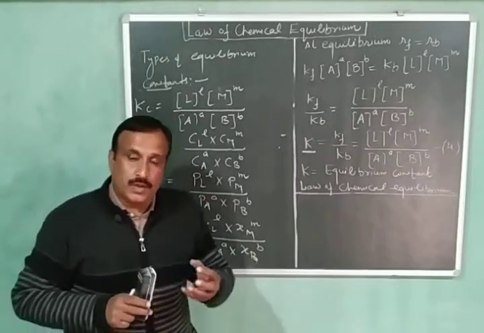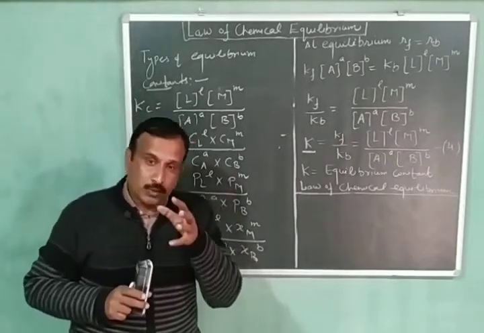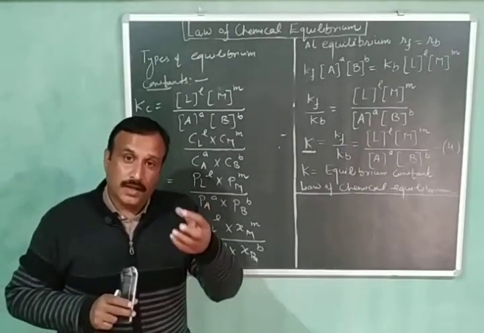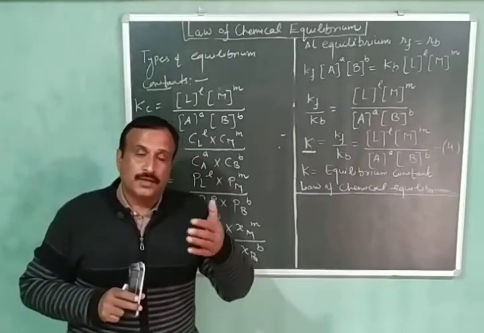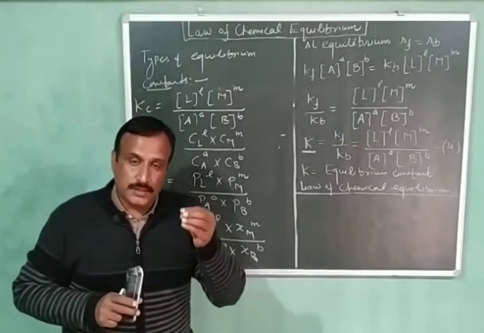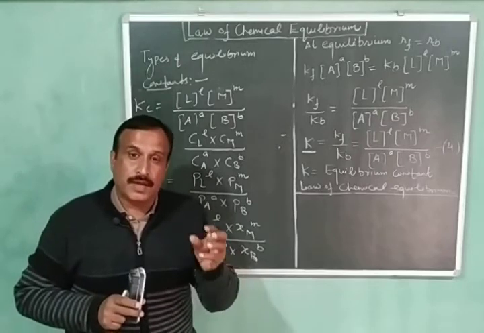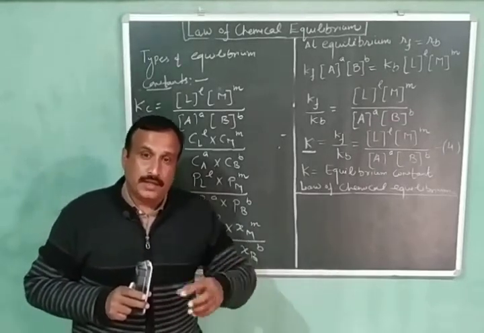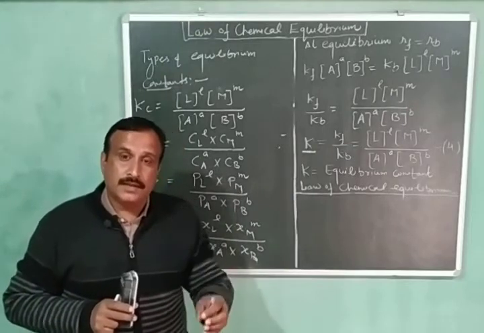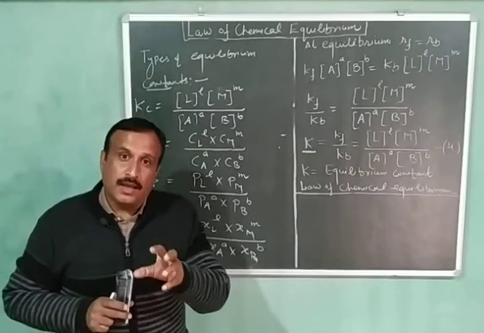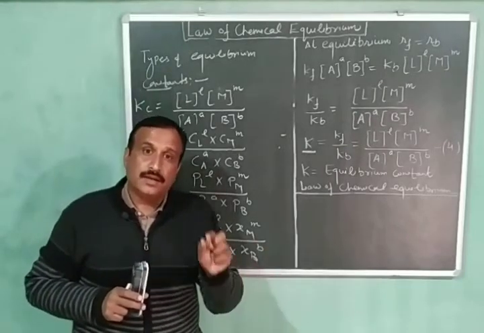Okay, but it is more appropriate to use activity in place of partial pressure and molar concentration, and I will explain this term activities in my upcoming videos. If activities are used, then we have the equilibrium constant in terms of activity, represented by Ka.